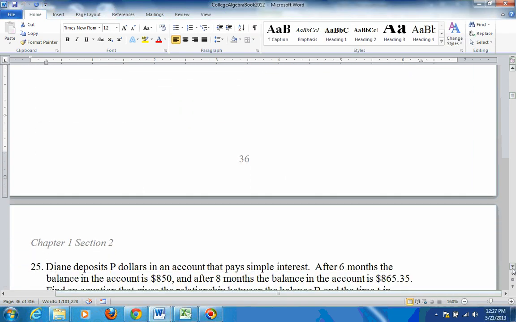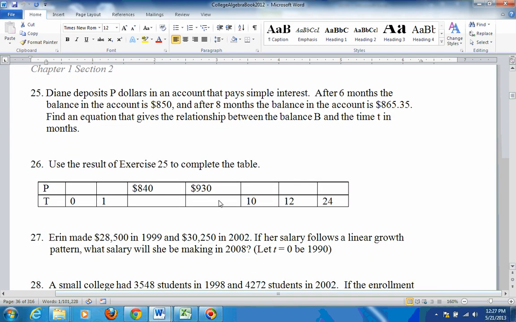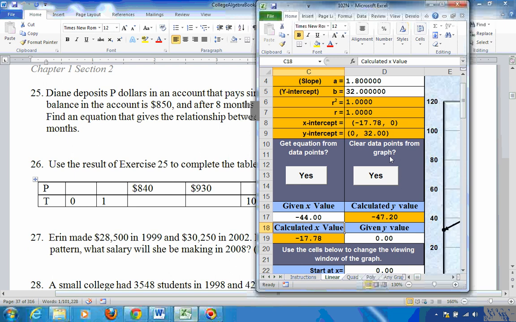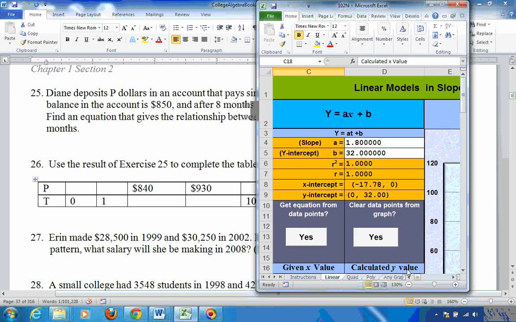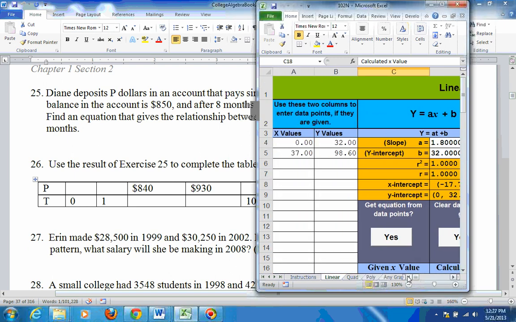This one, Diane deposits P dollars in an account to pay simple interest. After 6 months, the balance of the account is $850, and after 8 months, the balance in the account is this much. Find the equation. Well, you just have 2 points. You have the number of months, which is your time, which is your x variable.